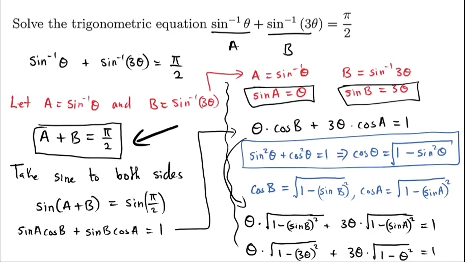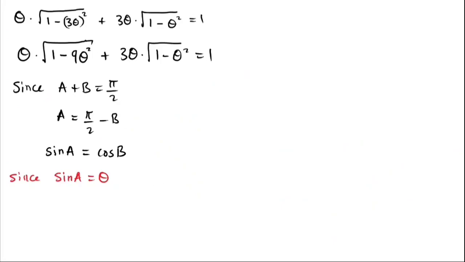Where that is coming from is this part here. Remember, cos b is equal to this, so it then reduced to this part here. So cos b is equal to the square root of 1 minus sine b squared, which is 1 minus 9 theta squared, and this is under a root.